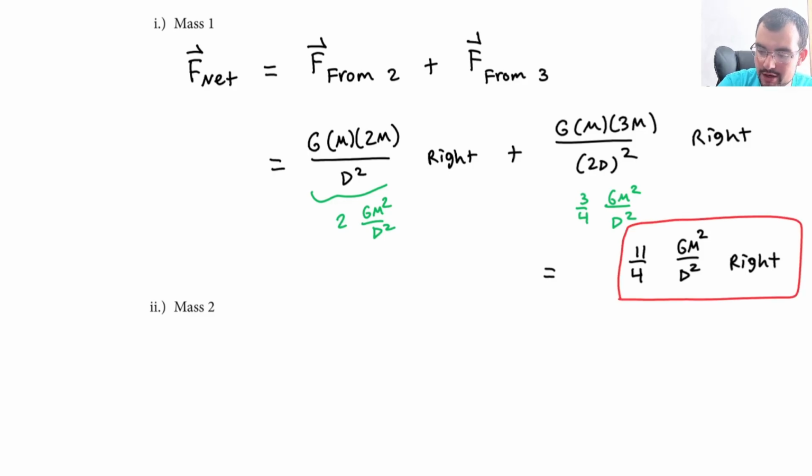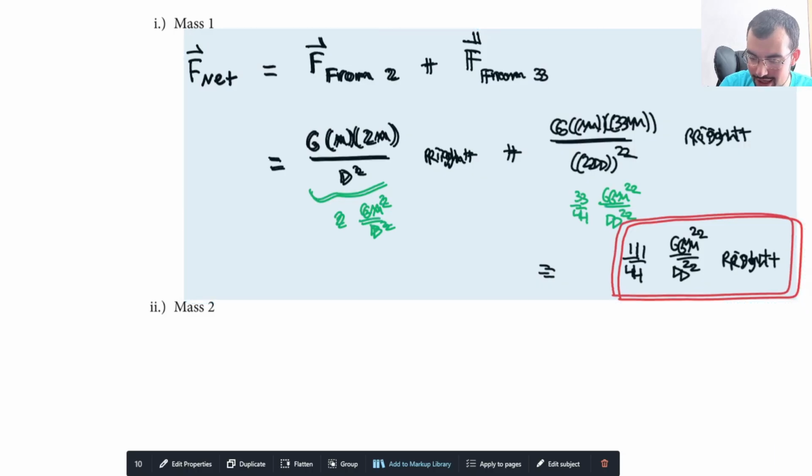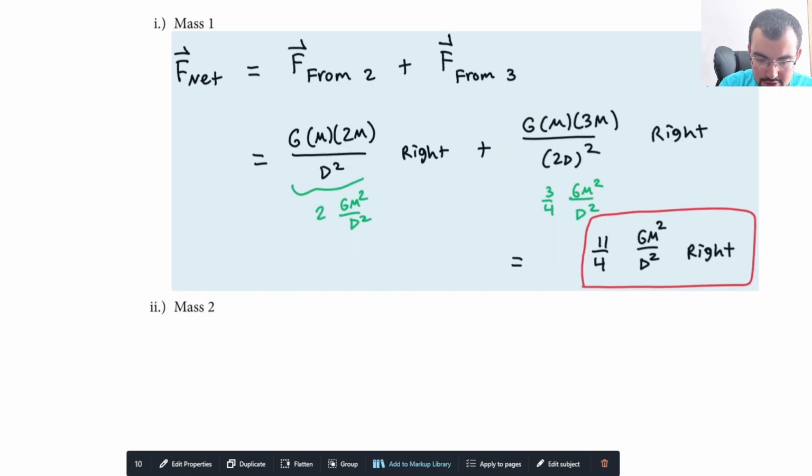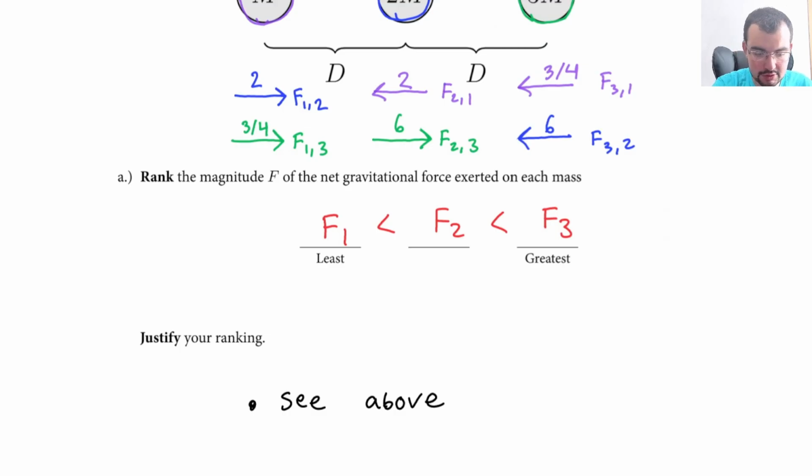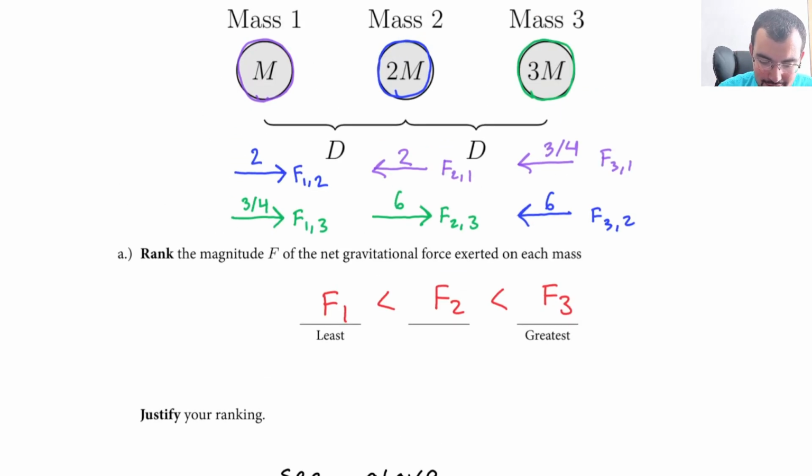And then we'll go a bit quicker for the next two because we've sort of seen the process, see how this works. So notice the 2 and the 3/4 shows up exactly here, right? That's why we do the multiplier approach. It makes the actual math a lot easier.